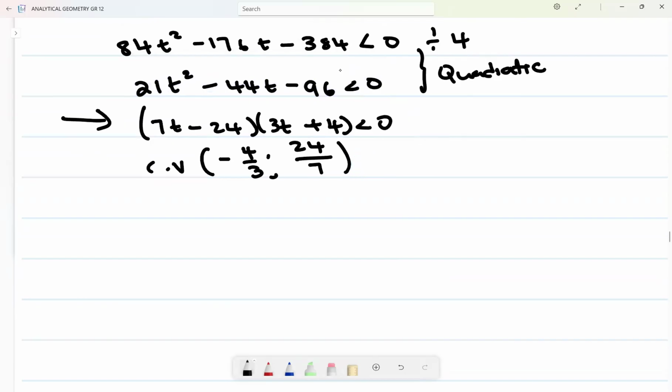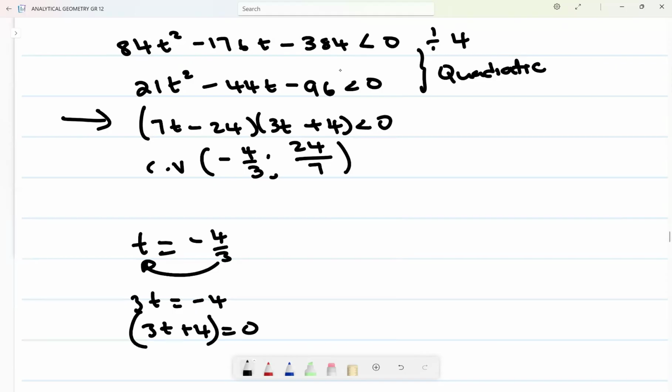So for you to go back, I want you to do this. Take this 3 to the other side: t is equal to -4 divided by 3, so multiply to the other side. 3t is equal to -4, and then 3t plus 4 is equal to 0.